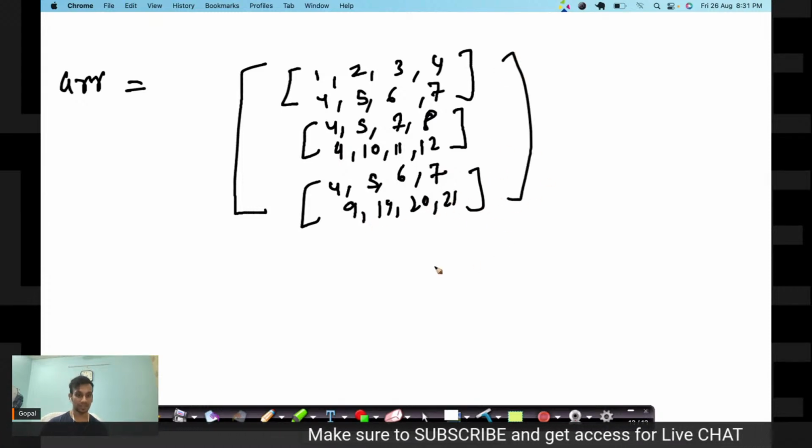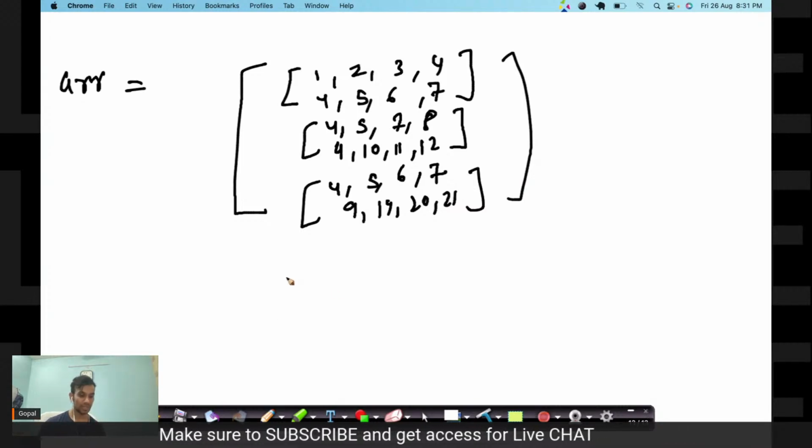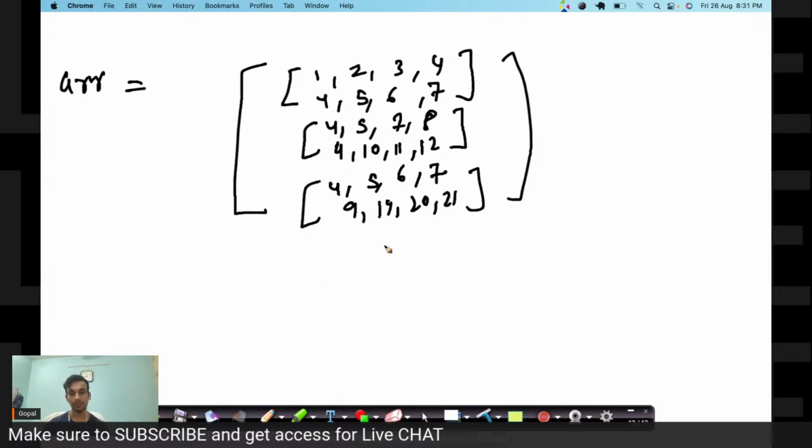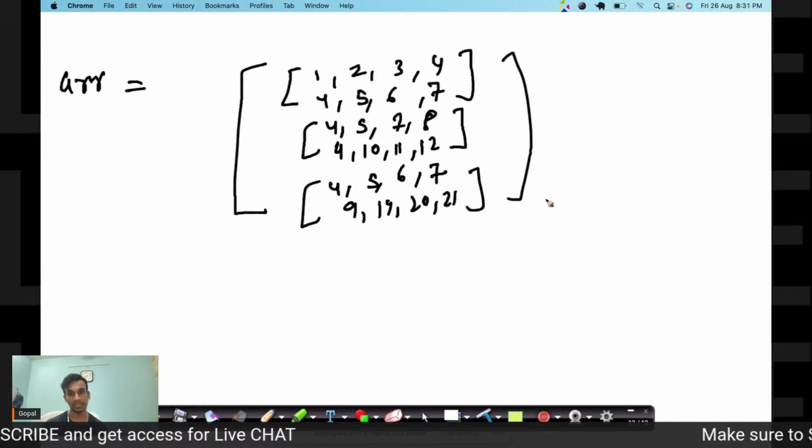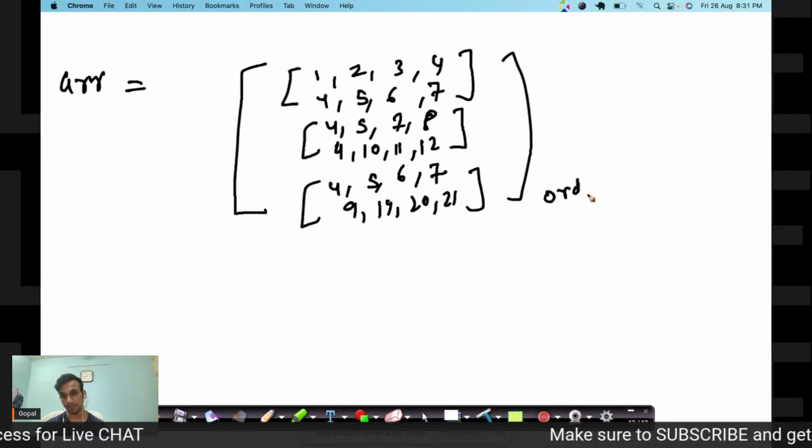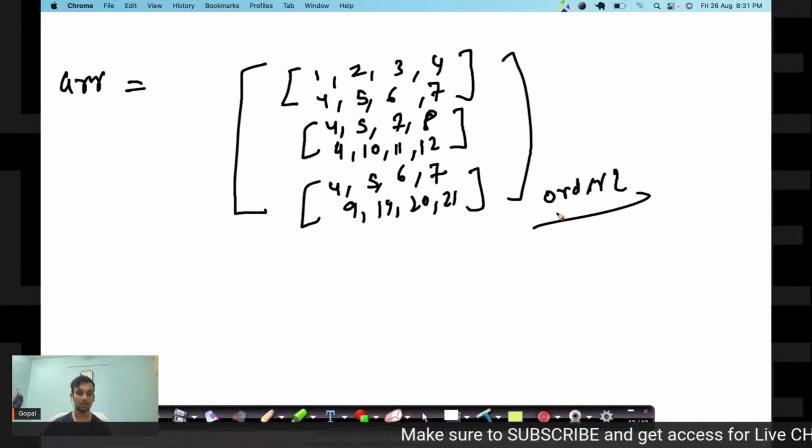What will be the order for this matrix? Come on, I know you guys can tell me. I need right answers only now. What exactly will be the order here?